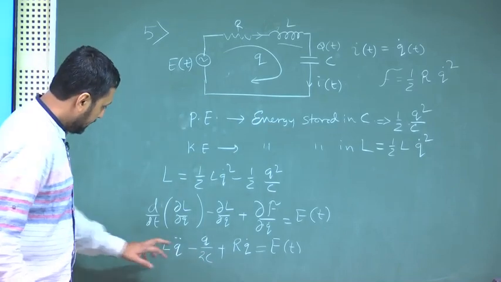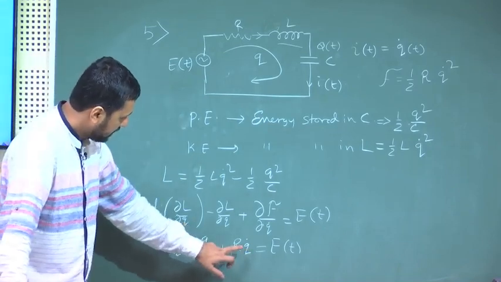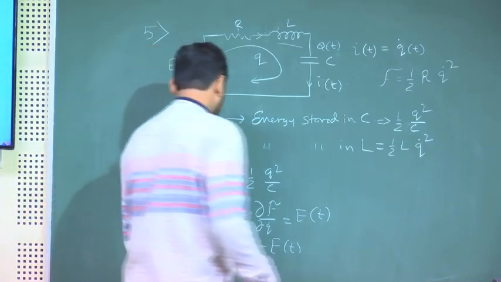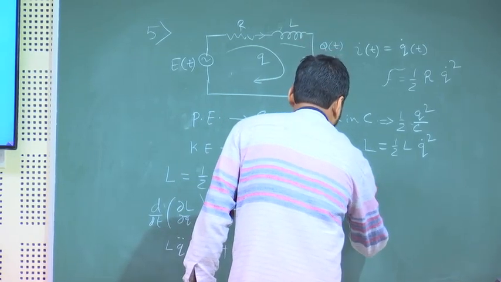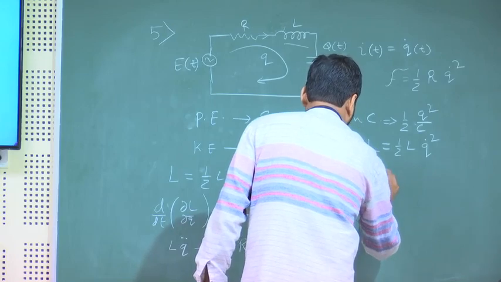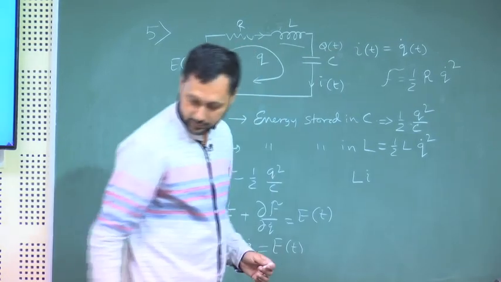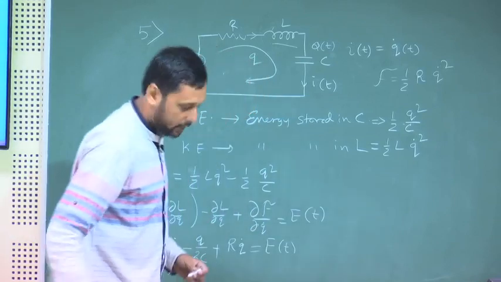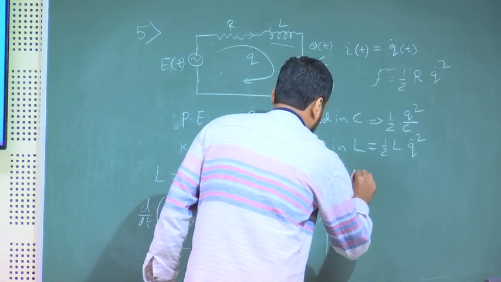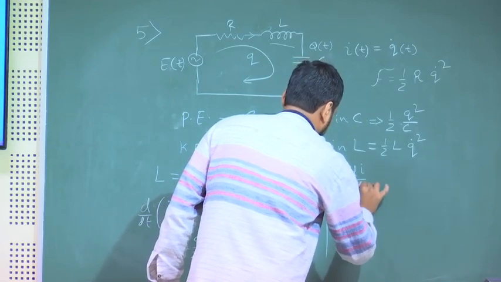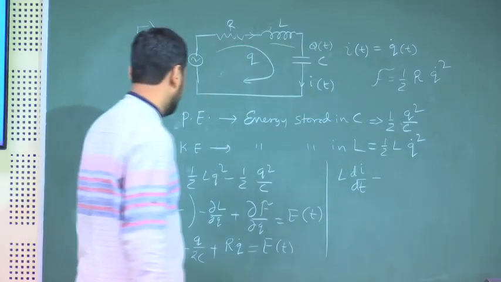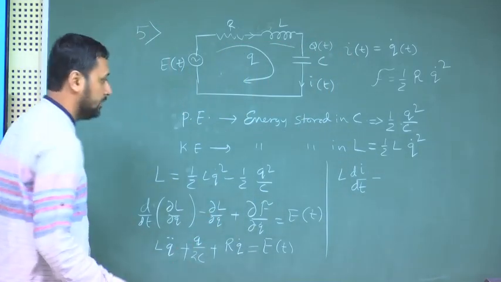Now, if we, instead of writing q dot, if we write I, how does this equation look like? This equation will look like L, or rather I will just write it in long notation just to make it look little familiar. So, it will be L d I dt, minus, oh sorry, it will be already a minus here. So, it will be a plus sign here. Okay.